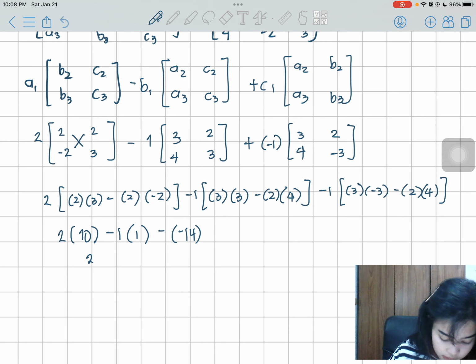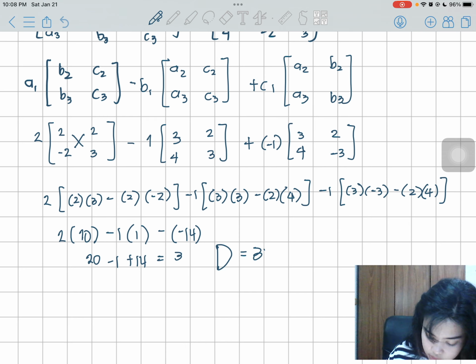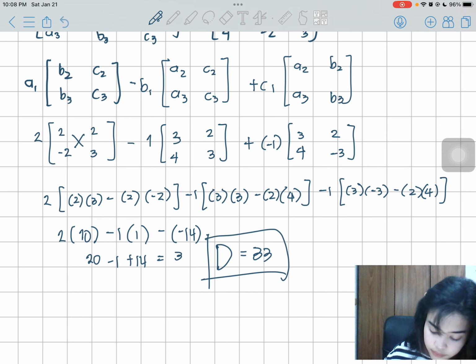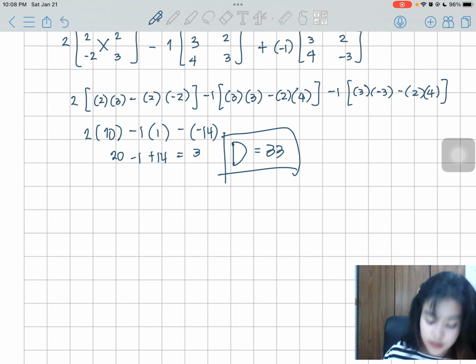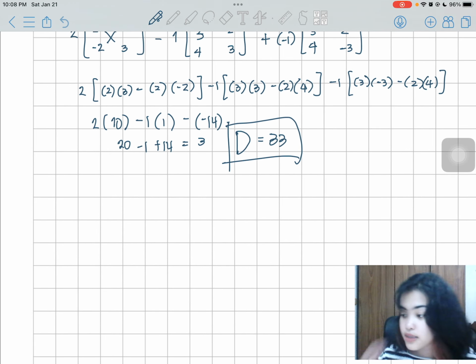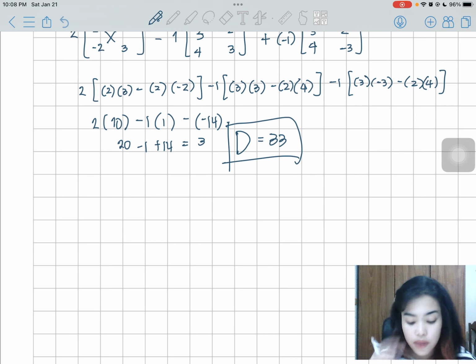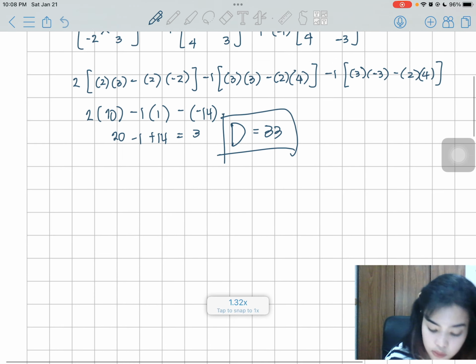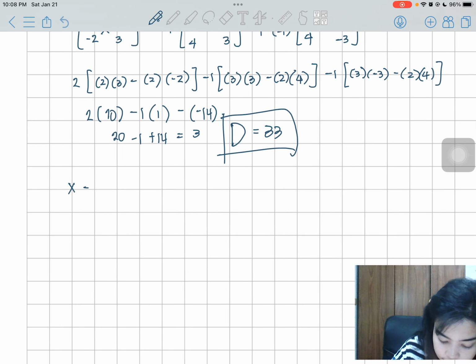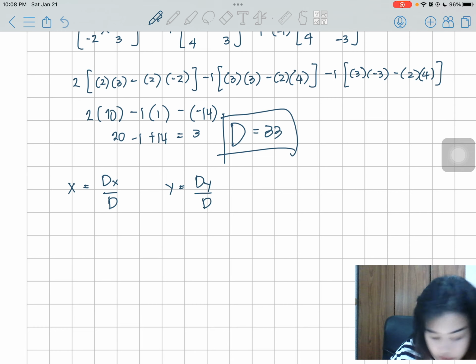And then 20 minus 1 plus 14 is equal to 33. So our D is equal to 33. And if we want to find the x, y, and z values, we can also use this method. So for x, we have the formula Dx over D. For y, we have Dy over D. And for z, we have Dz over D.